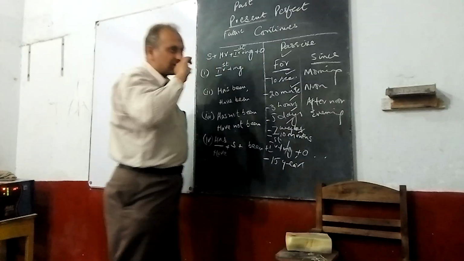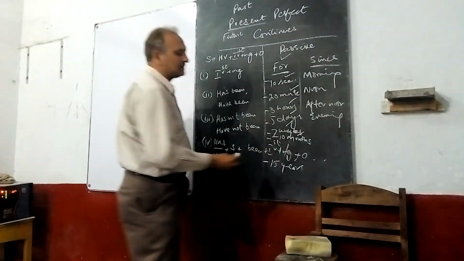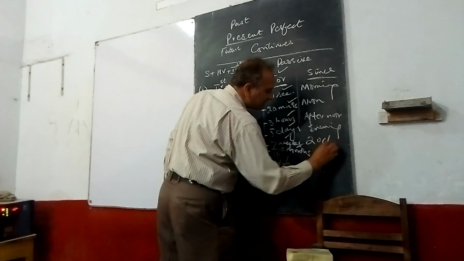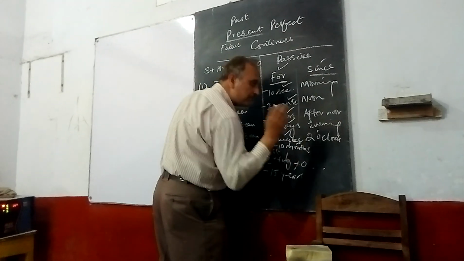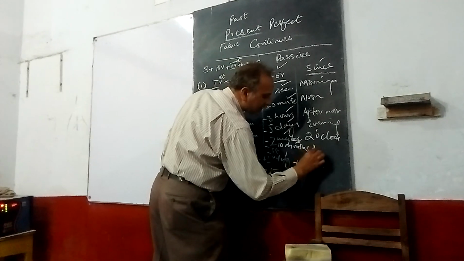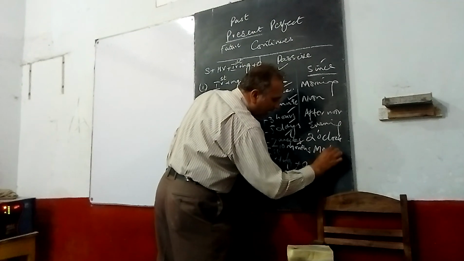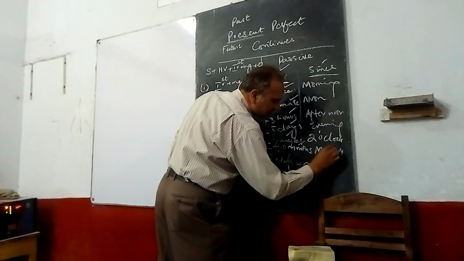Then when we take a time frame, just like 2 o'clock, it is a starting time, so we use since. Then the days of the week, from Monday up to Sunday, any day of the week.